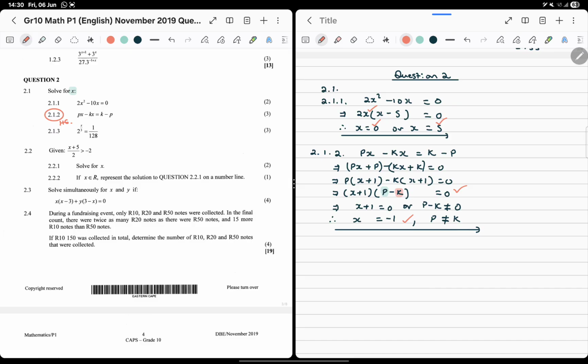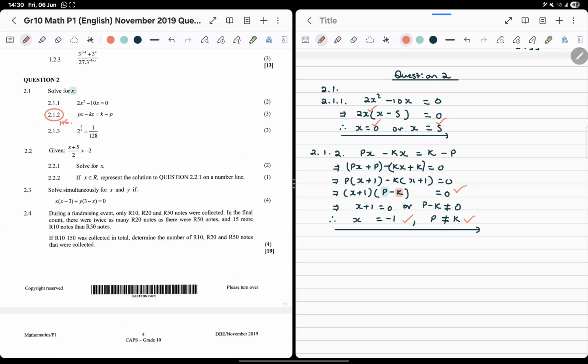The x value becomes important. The restriction becomes important, because without that restriction, this problem cannot be solved. So be very careful of restrictions when solving algebraic equations or expressions. It is very important. If you don't spot it, you're in trouble.